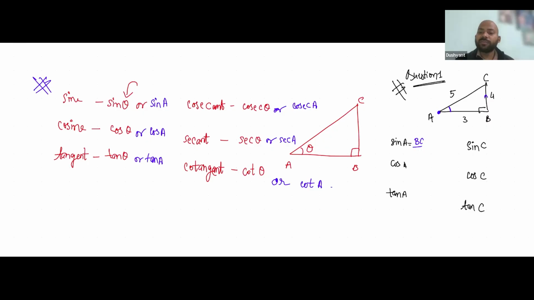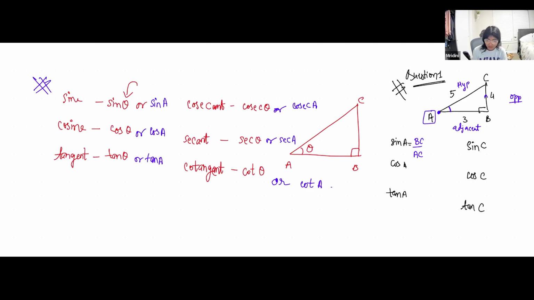That is my AC. So BC is my opposite, and this is my hypotenuse, and this is my adjacent. Along with the angle, very important, along with angle A.